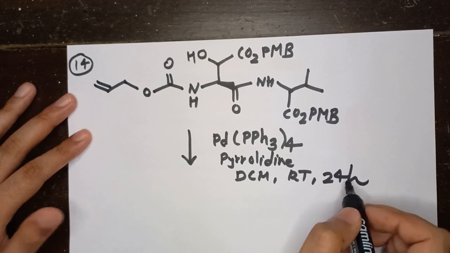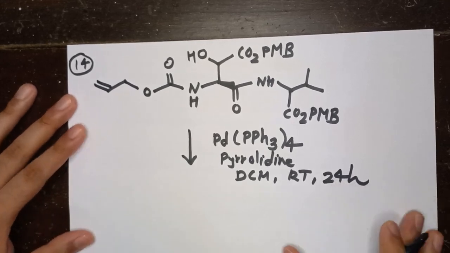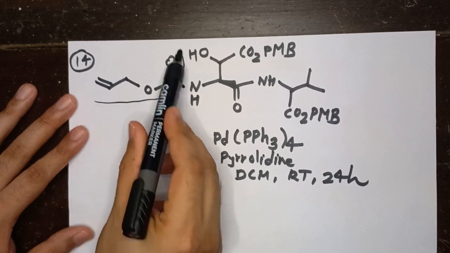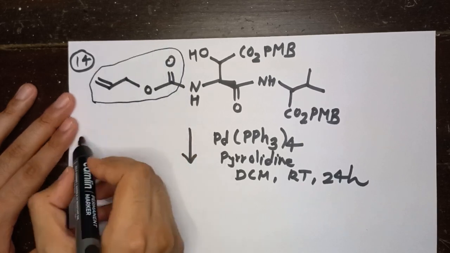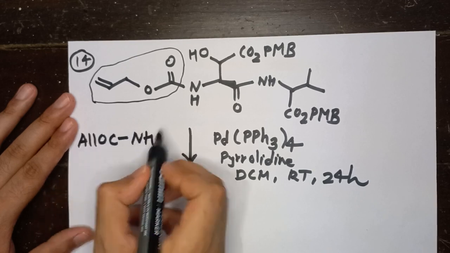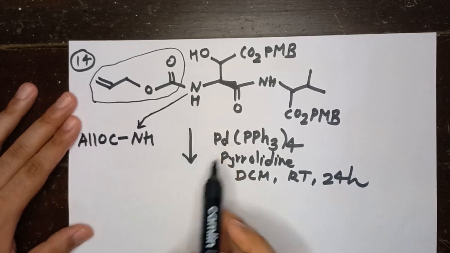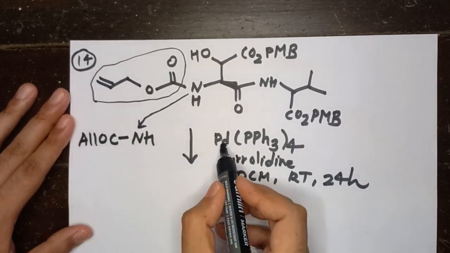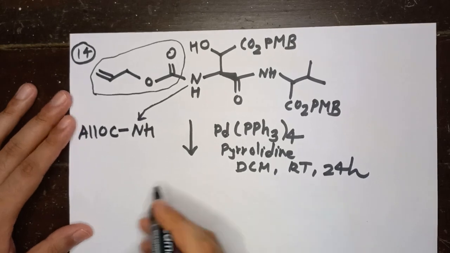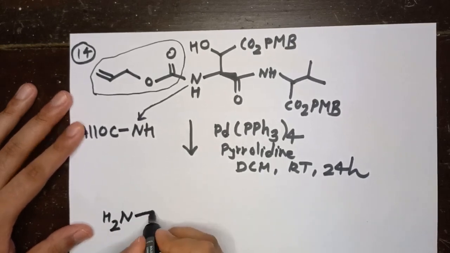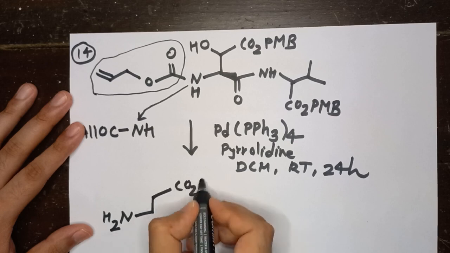So what is the product? We know this group is called an alloc group. So this is alloc NH. And we know that alloc group can be deprotected using palladium. So the product is going to be, we will regenerate our amine and rest will be same.